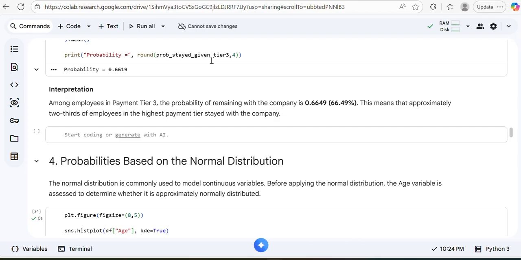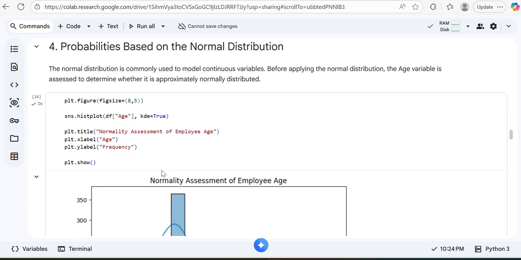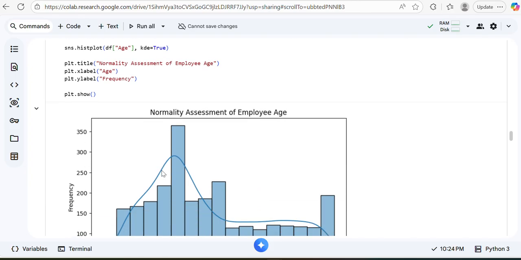Normal distribution. Next I assessed whether the age variable follows a normal distribution. I created a histogram and performed the Shapiro-Wilk normality test.